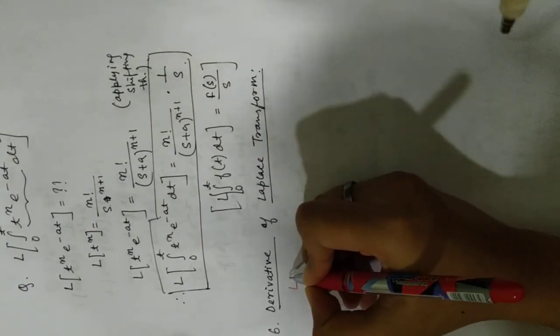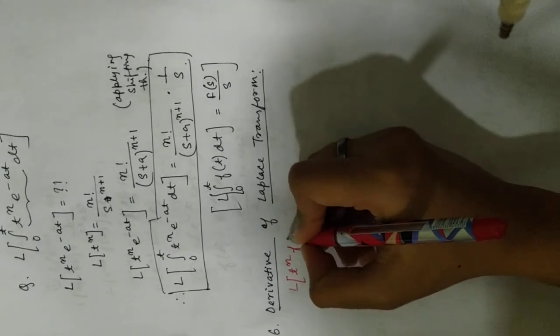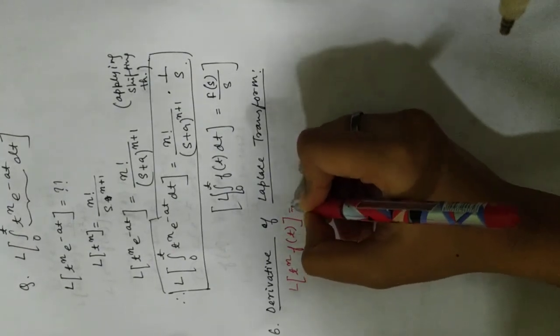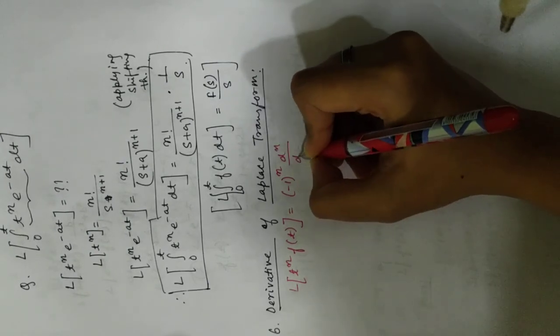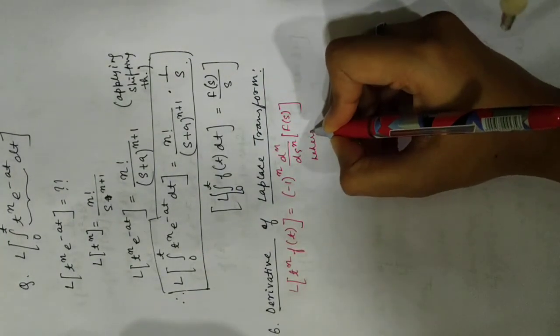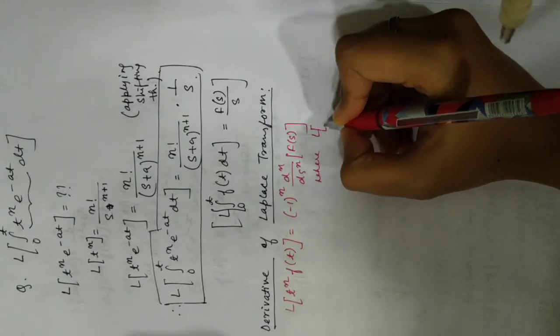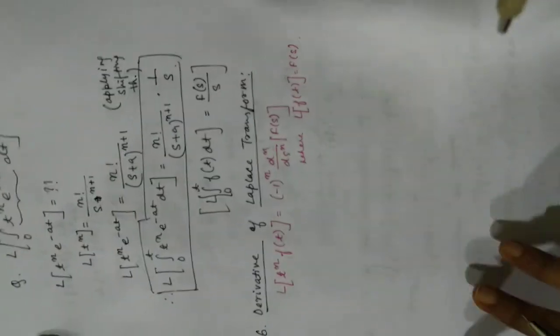We need to prove that the Laplace transform of t to the power n f t is equal to minus 1 to the power n, d n by d s n, F s. Okay, where it is known that Laplace transform of f t is equal to F s, right?